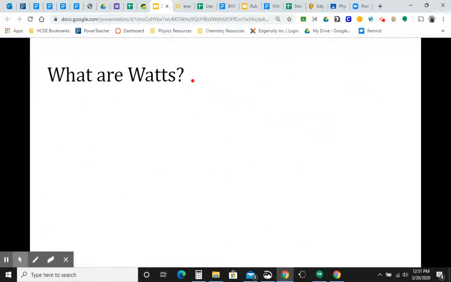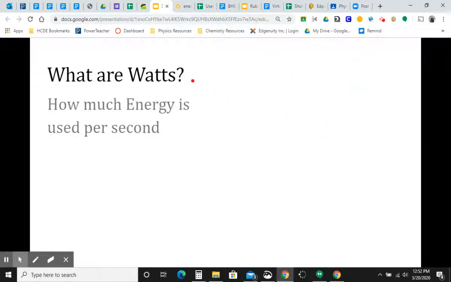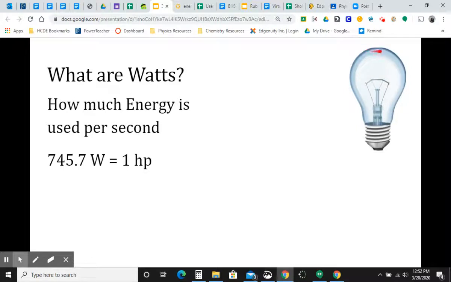So what is a watt? Really, it's just how much energy is used per second. And there are a couple ways that we might be familiar with watts. The first one is if you look on the top of a light bulb, sometimes you'll see a little 60W or a 40W or a 100W up there. That's just telling you how much energy that light bulb is using per second.